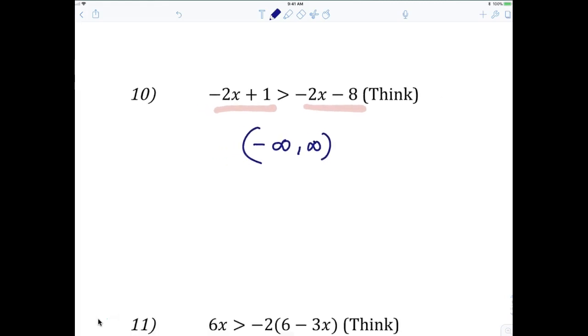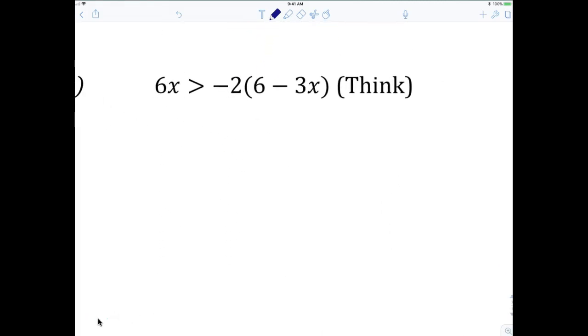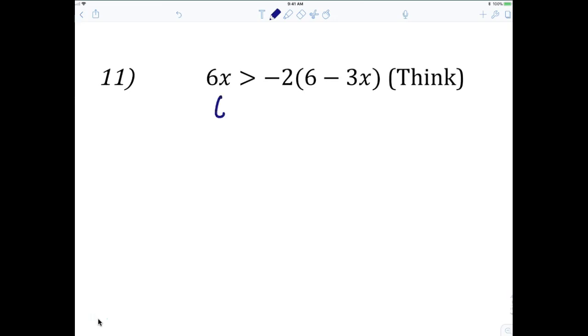So now that you're thinking a little bit, let's take a look carefully at number 11. So when we distribute, 6x is greater than negative 12 plus 6x. All numbers.